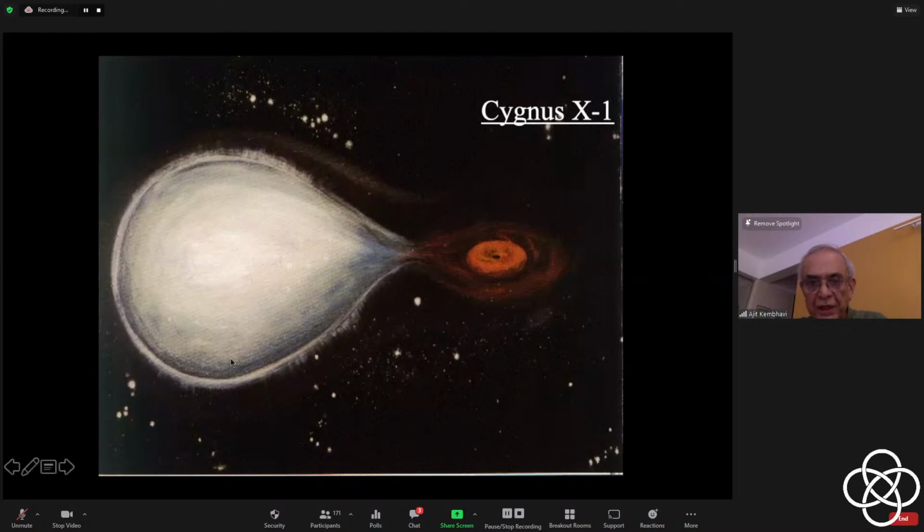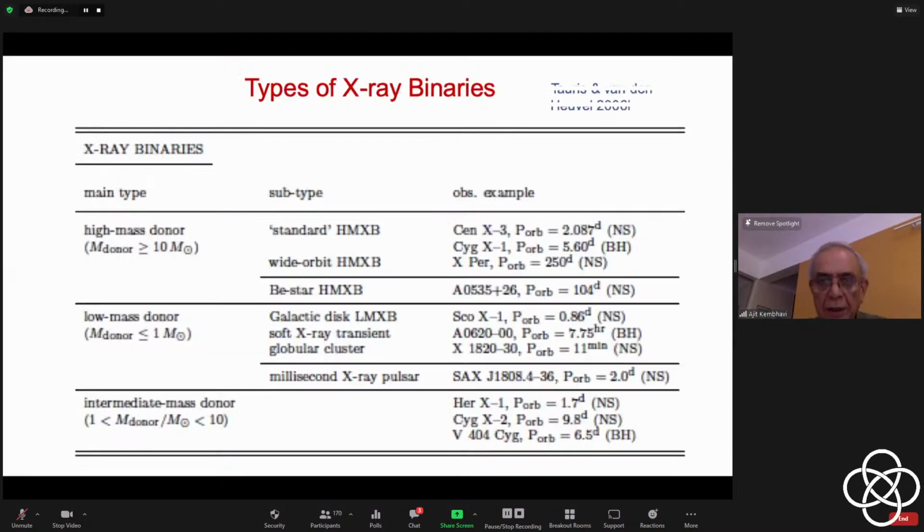Whereas if the mass of the star is lower than the mass of the compact object, then the outflow of matter can be very steady and the objects can exist for a very long time. Then they are known as low mass X-ray binaries. Right? So you've got the high mass donor, the low mass donor and the intermediate mass donor.